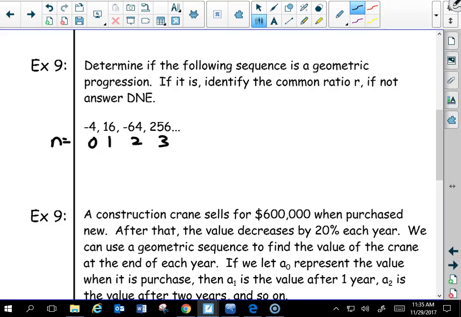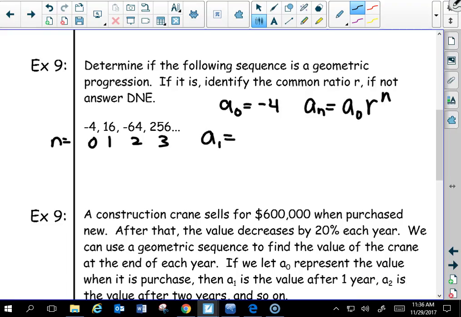So we know a sub 0 equals -4. And our general form, a sub n equals a sub 0 times r to the n. If we can see that with the next 3 numbers we have the same base to our exponent, then we're in good shape. So let's take a look at a sub 1.